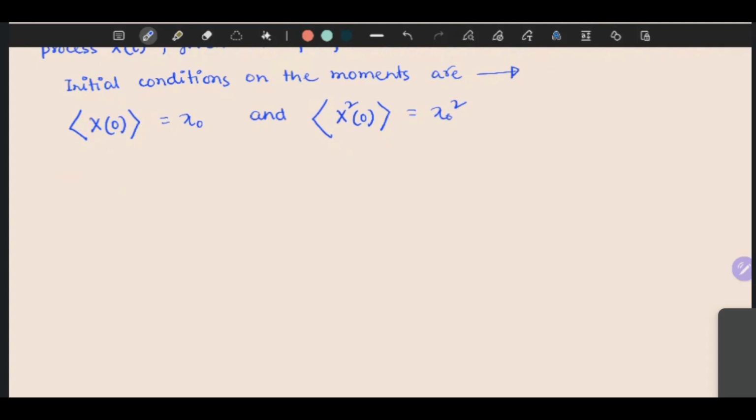so now you can write the solutions like this.